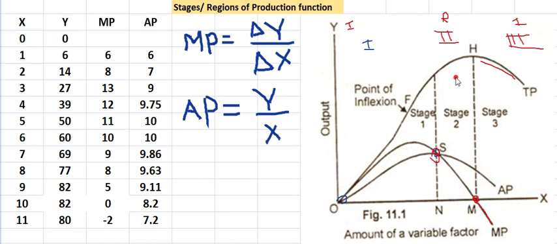Therefore, it is called the rational region of production function. And the third region is also called an irrational region or irrational stage of production function. And as we discussed earlier, there may be overutilization of resources, and that may affect the level of output of that particular production activity.